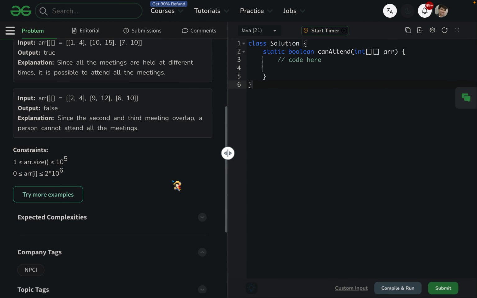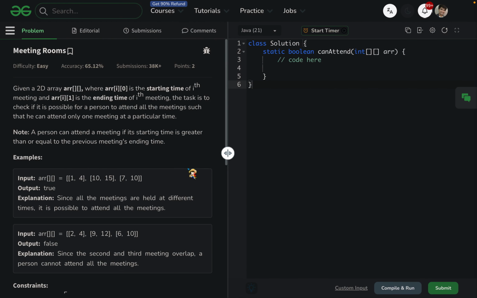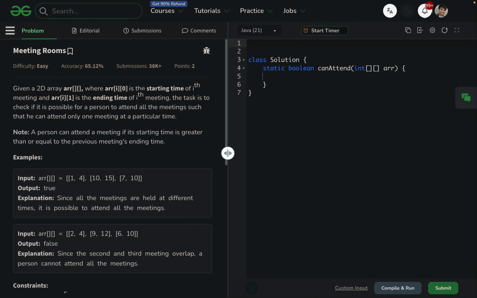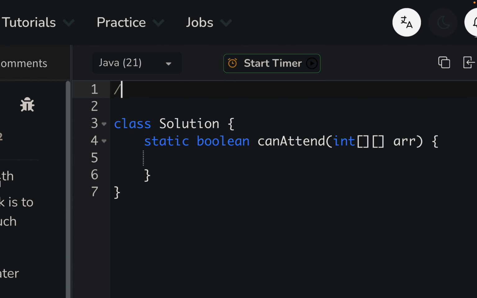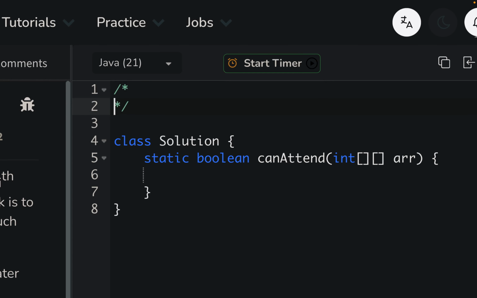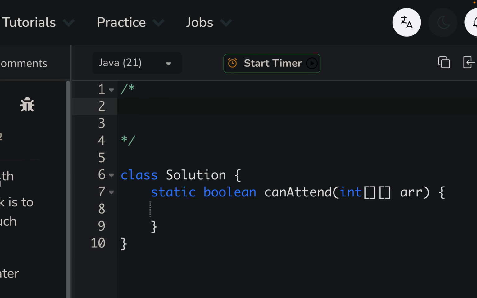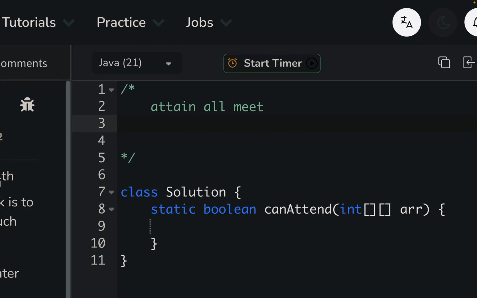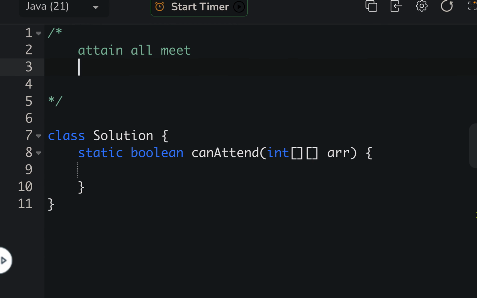So with this in mind, one thing is pretty much clear: we need to attend all the meetings. I'll just write it down: attend all meets. So how can we understand whether this array A makes it possible to attend all the meets?